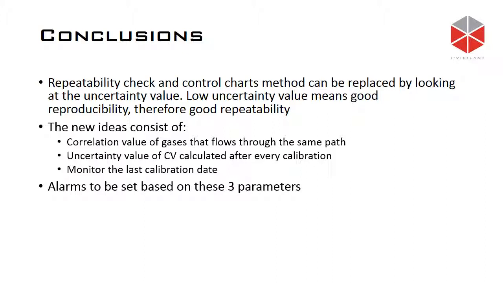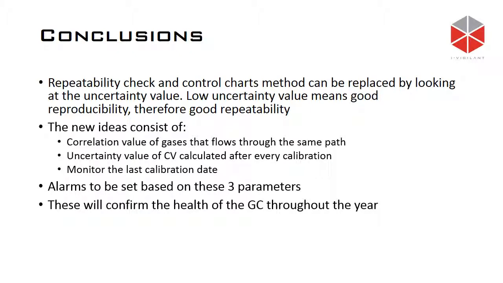Alarms, then we can set the alarms based on these 3 parameters. If the correlation is low, then we set the alarm. If the uncertainty value goes beyond the limit, we set an alarm. If there is no calibration, for instance, or no communication, it sets the alarm. So we can actually maintain the GC every day throughout the year.